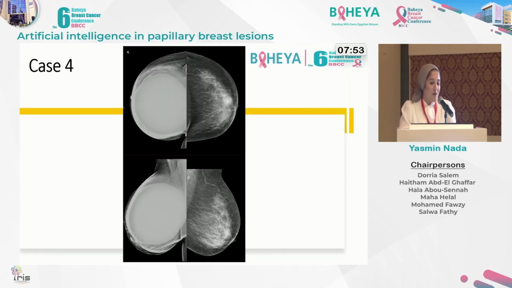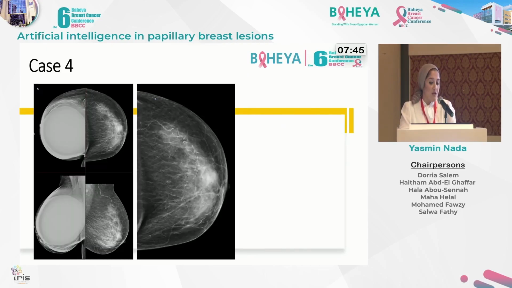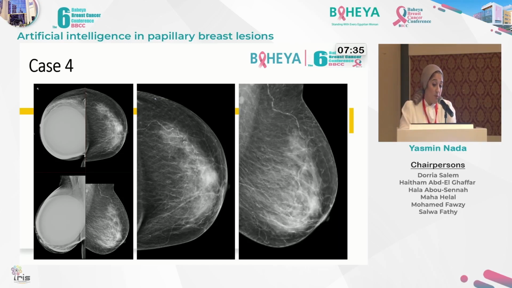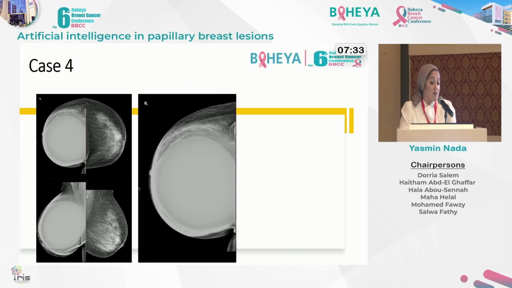Okay, the fourth case, where is the lesion? I think it's very obvious, right? Both breasts. Let's start with the left one. The left one showed an ill-defined retroareolar lesion with another deeply seated calcification seen at the most posterior end, at the zone C, and see it enclosed, okay? And see the other lesion. It's a large, well-circumscribed lesion occupying the whole breast tissue.